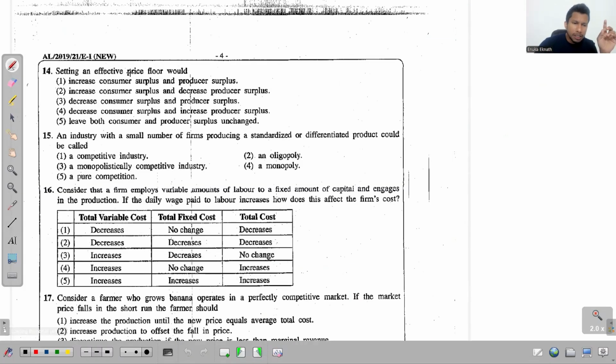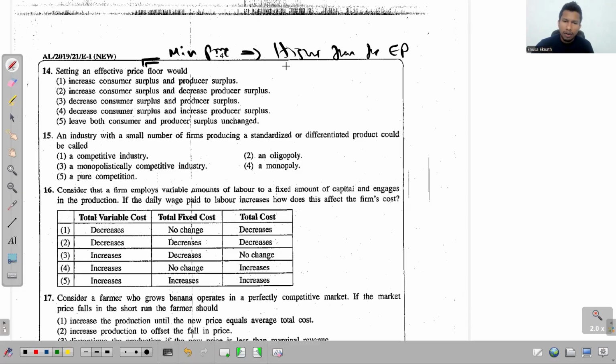So this is about the price floor. Price floor is equal to the minimum price. And an effective minimum price has to be higher than the equilibrium price.